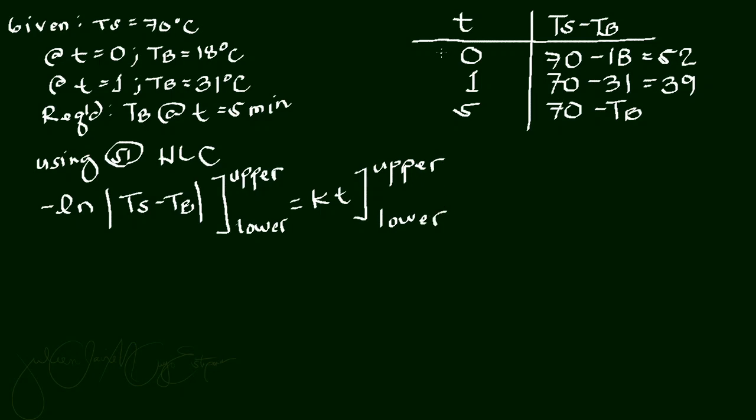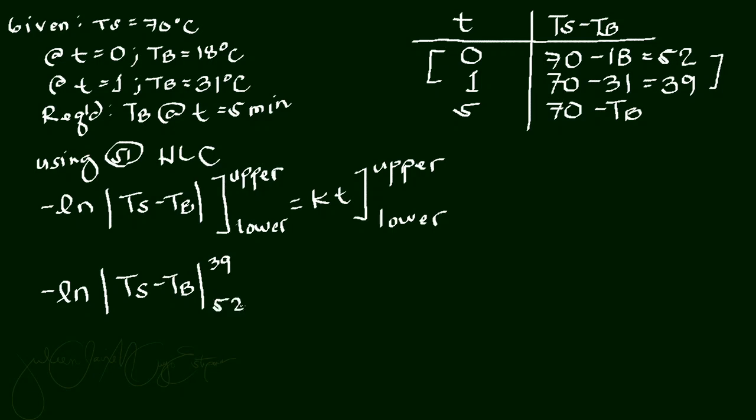So our limits will be from here to here. Let us substitute the values, that is negative ln of the absolute value of TS minus TB. Our upper there is 39.